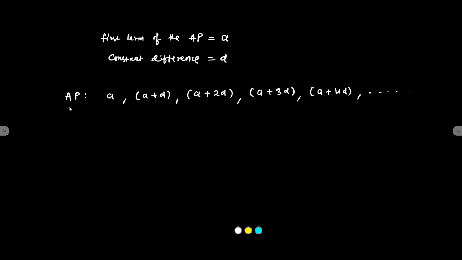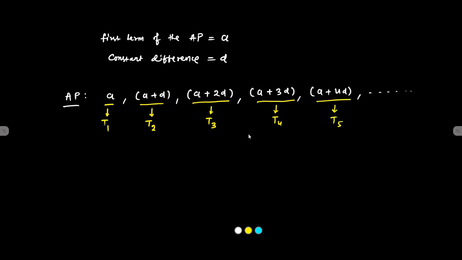Now here, this is the first term of the AP sequence, this is the second term, this is the third term, this is the fourth term, this is the fifth term.